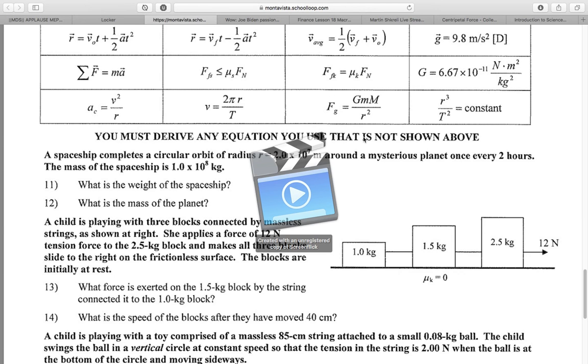We'll get to the other stuff later. So let's start. We want to find the weight of the spaceship. Remember, the weight of anything is the gravitational force acting on an object. So we just need to find the gravitational force between the spaceship and the mysterious planet.